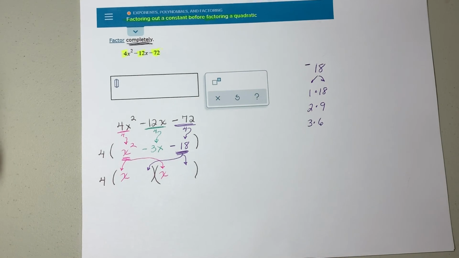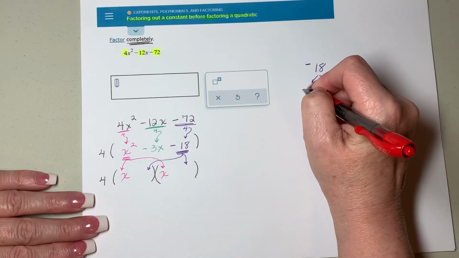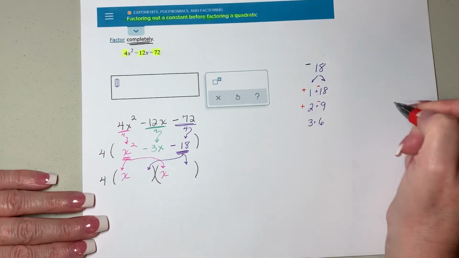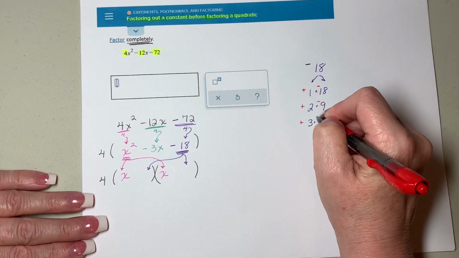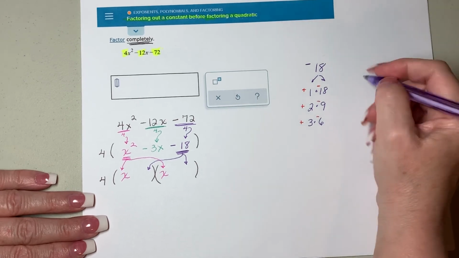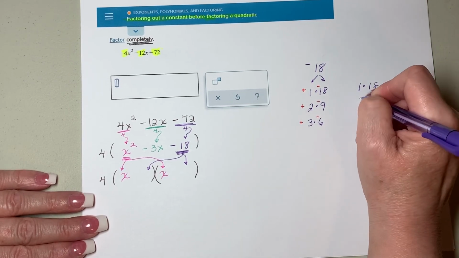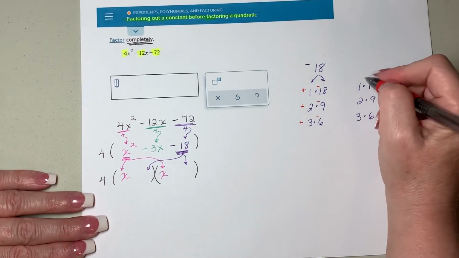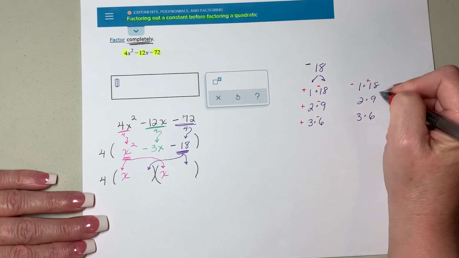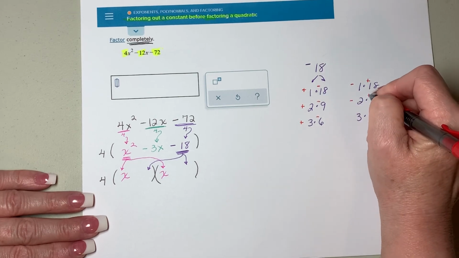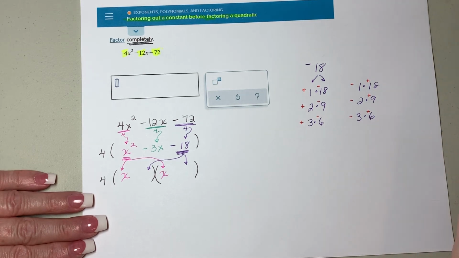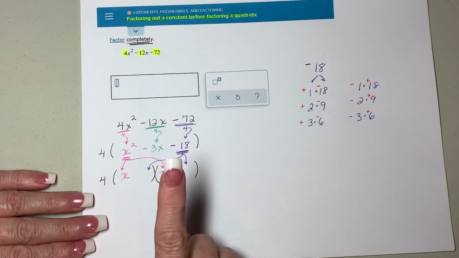So I could have had a positive 1 times a negative 18, a positive 2 times a negative 9, a positive 3 times a negative 6, or the reverses of all that, a negative 1 and a positive 18, a negative 2 and a positive 9, a negative 3 and a positive 6. So there's actually 6 possible combinations I could put in here.